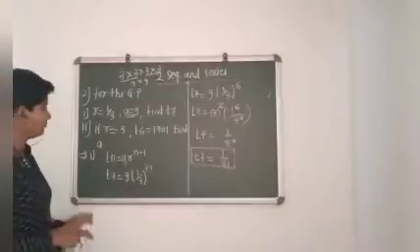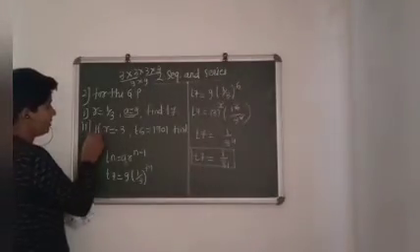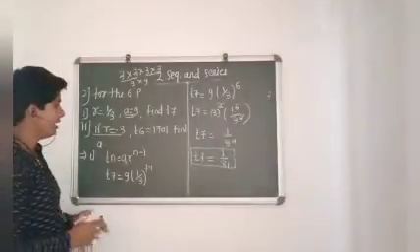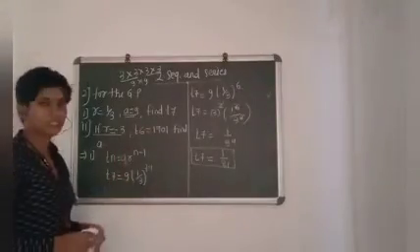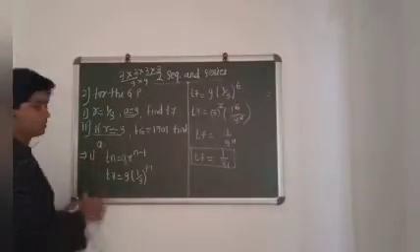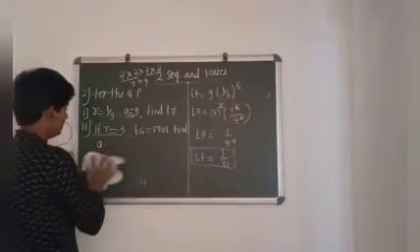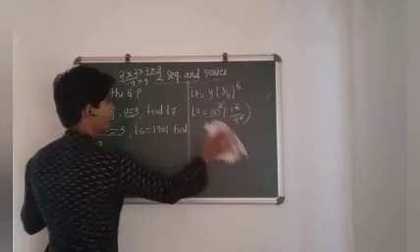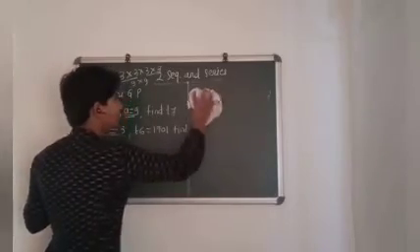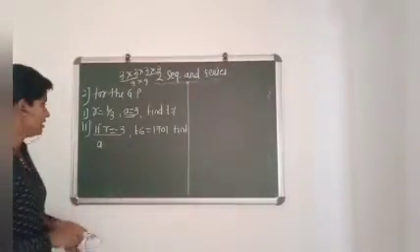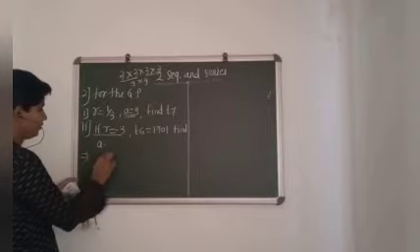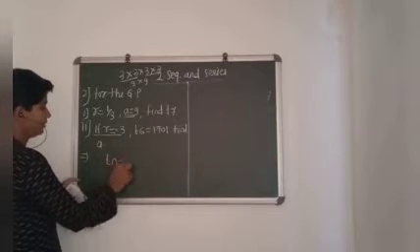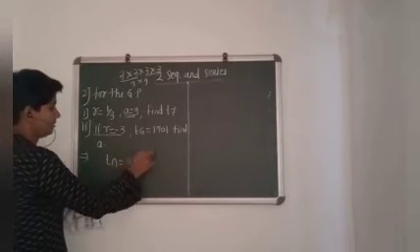Now the second example: if R is equal to minus 3 and T6 is equal to 1701, then find its first term, that is A. Here we are given R and also the 6th term of the geometric progression. To find the first term, apply the same formula, Tn is equal to A into R raised to n minus 1.